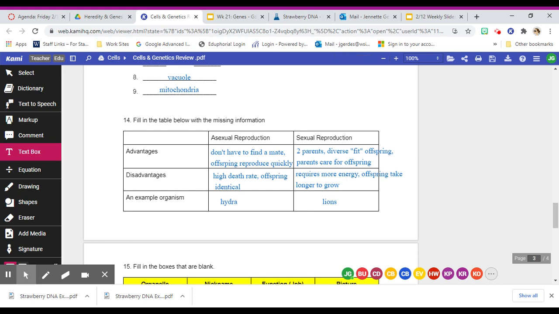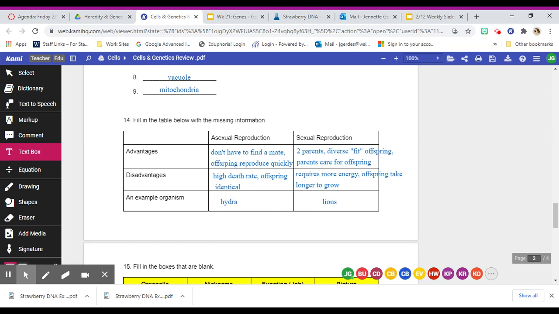Some disadvantages of asexual: high death rate. Offspring is identical, so they're not adapting very well to their environment. They're not changing. And an example of asexual would be Hydra, but we've talked about so many, sponges, bacteria, etc. Sexual reproduction: 2 parents, diverse or fit offspring, so they're able to survive in their environment.